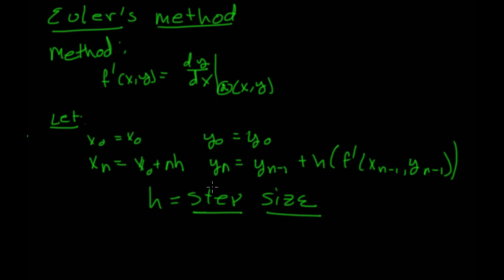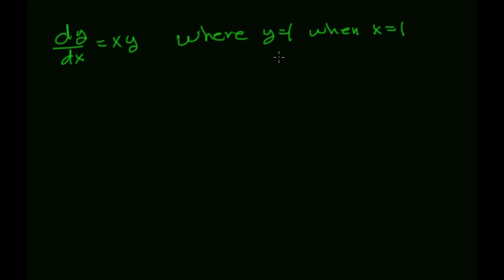So let's take a look at a specific example of this and see if we can make some sense of what we're talking about here. Let's say we want to find a solution for the ordinary differential equation dy dx, where y equals 1 when x equals 1.